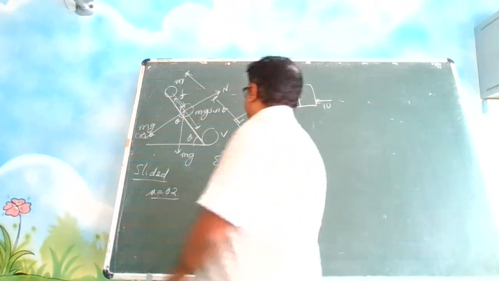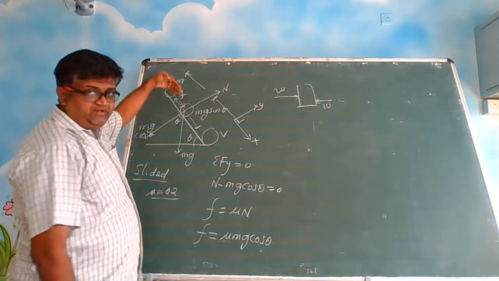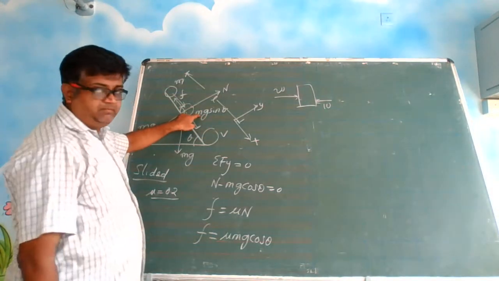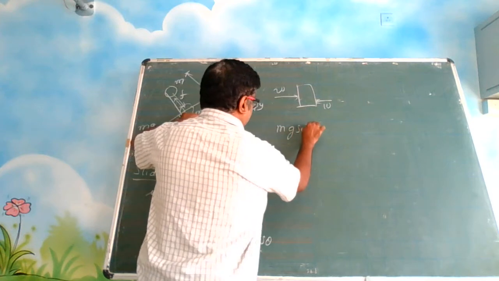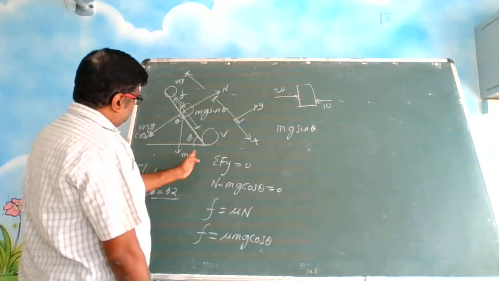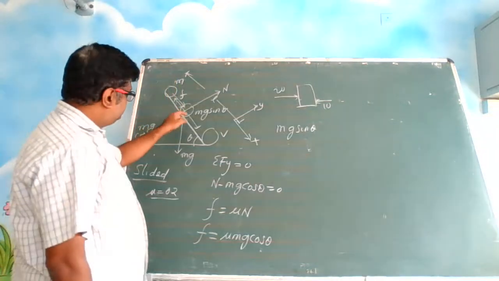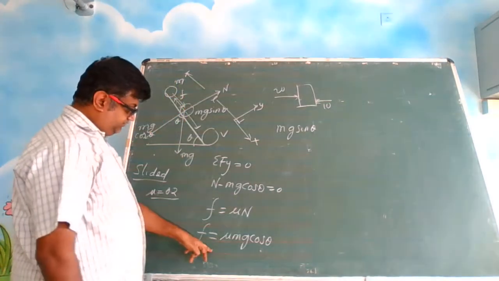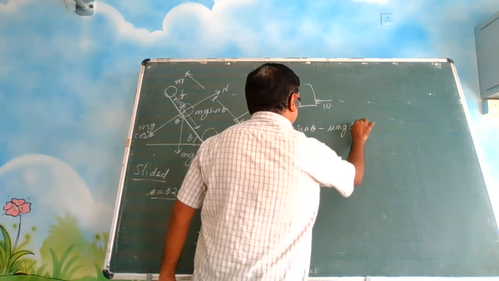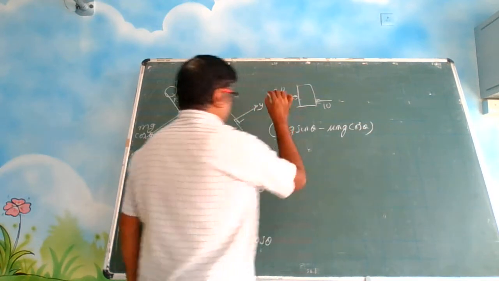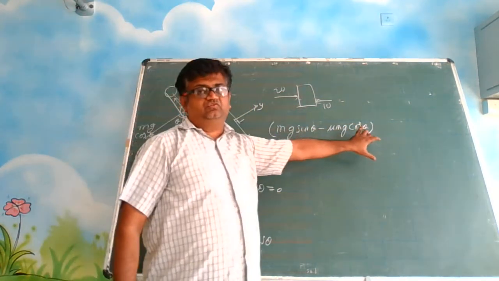Similarly here, it is going in the downward direction, so mg sin theta must be more. Mg sin theta, opposing force F. But what is F? Mu mg cos theta. This is the net force.